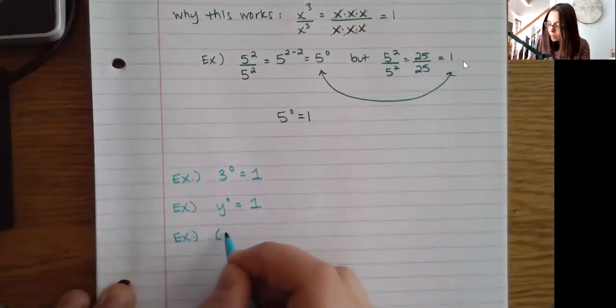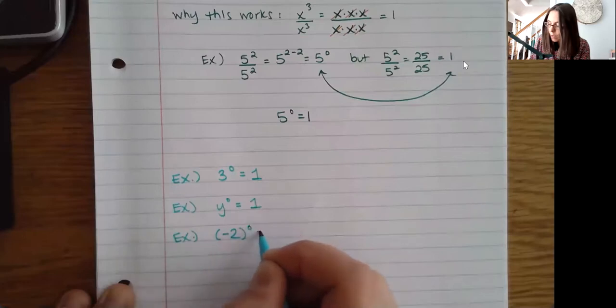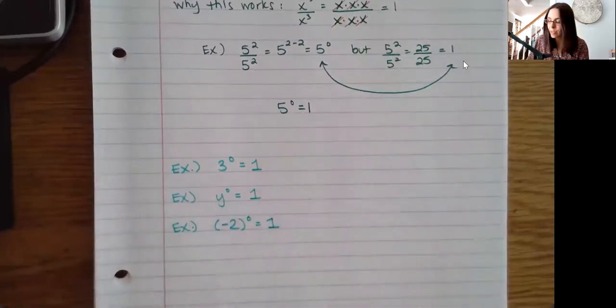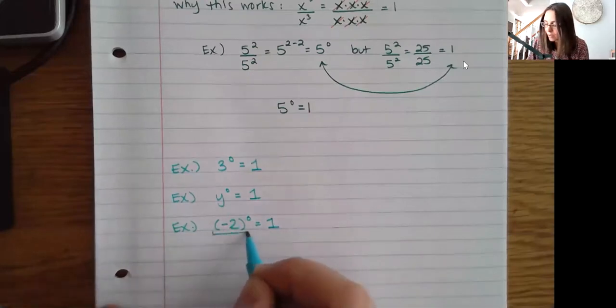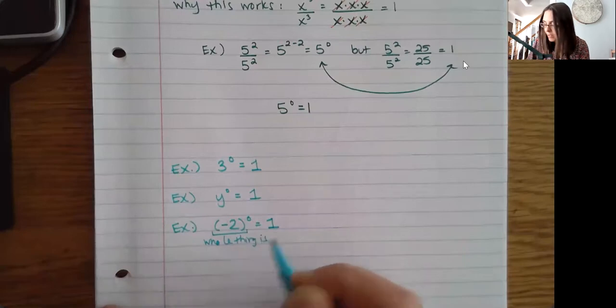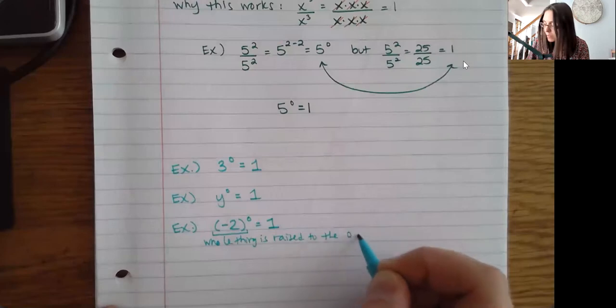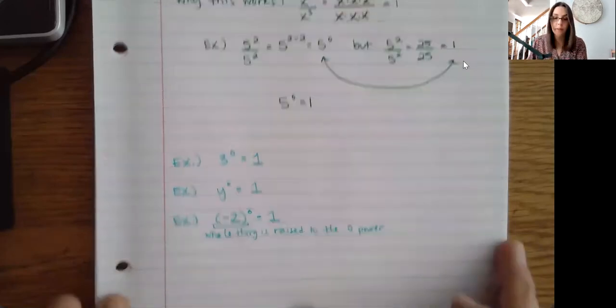Now, negative 2 to the 0 power is also 1. Notice that I have parentheses here, right? So because I have parentheses, the whole thing is raised to the 0 power or 0 exponent. So that's really important.